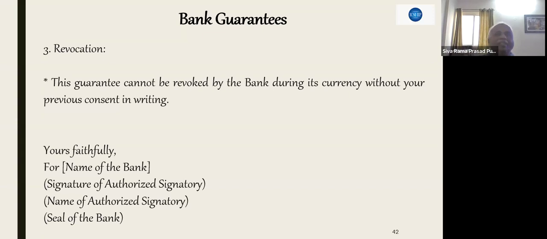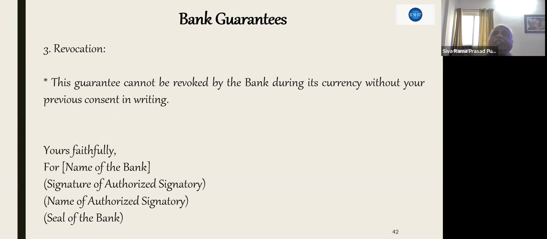Till such time, I don't. Then the bank signature. Normally, under Reserve Bank of India stipulations, two people have to sign the bank guarantee, with authorized signatures and the seal of the bank.